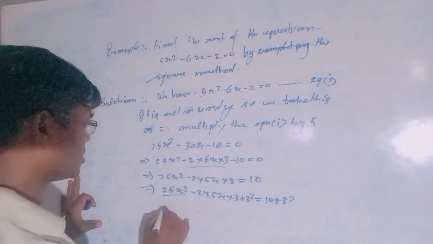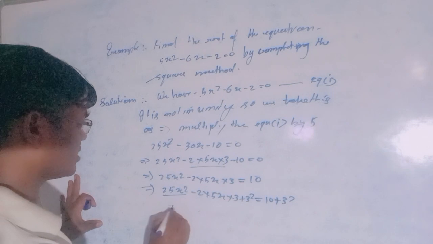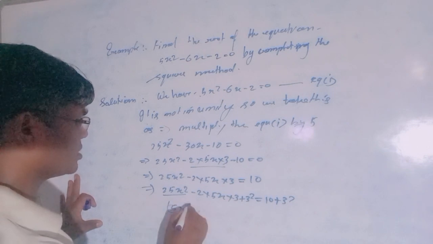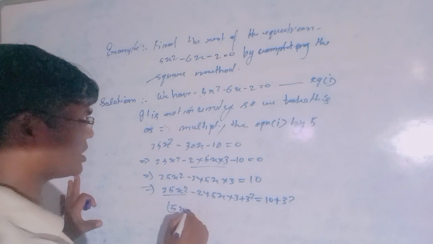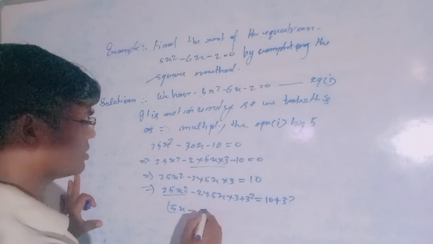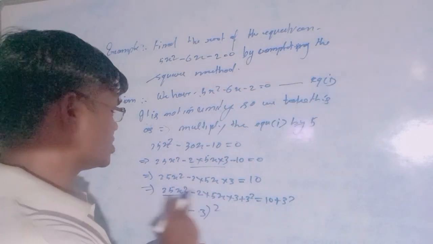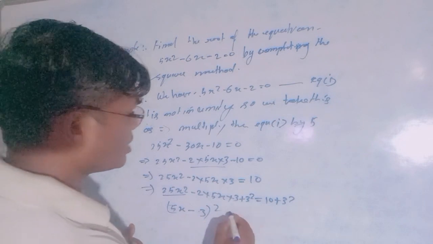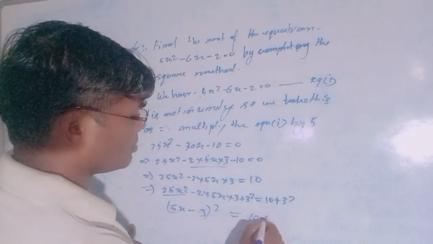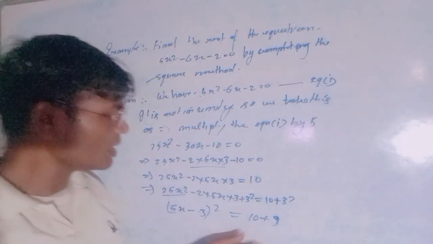So here 25x square is 5x whole square, so it becomes 5x minus 3 whole square is equal to 10 plus 3 threes are 9.